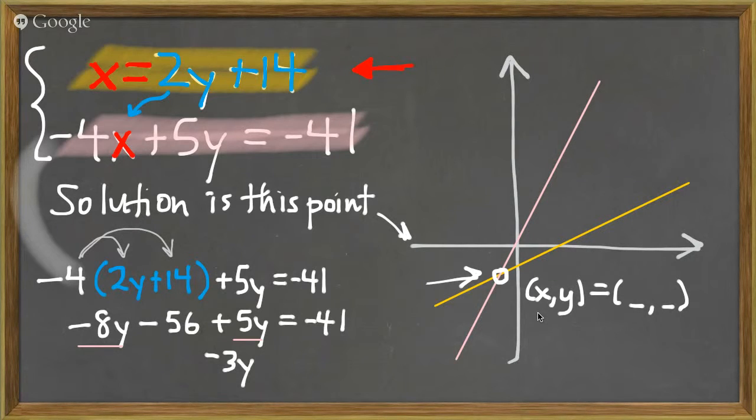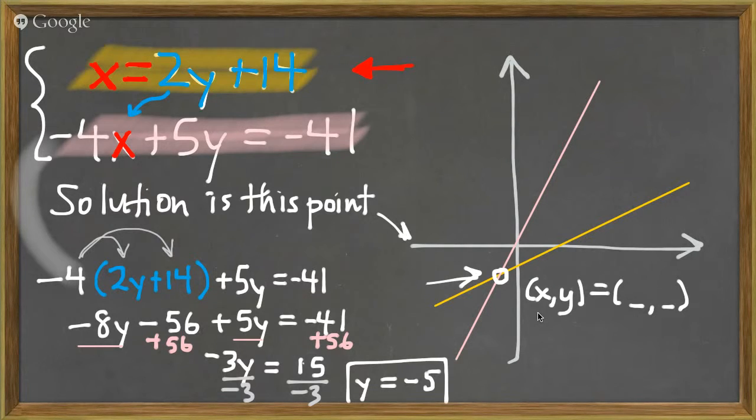I can also add 56 to both sides to give me now the equation negative 3y is equal to 15. And then finally, just dividing both sides by negative 3, I will find a value for my y variable. y equals negative 5.